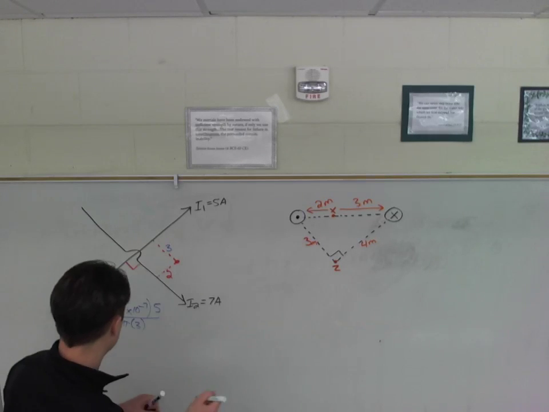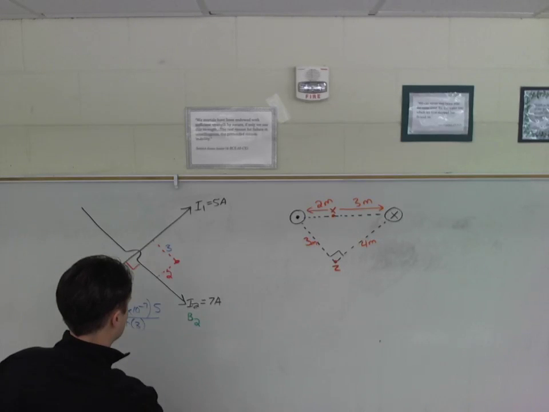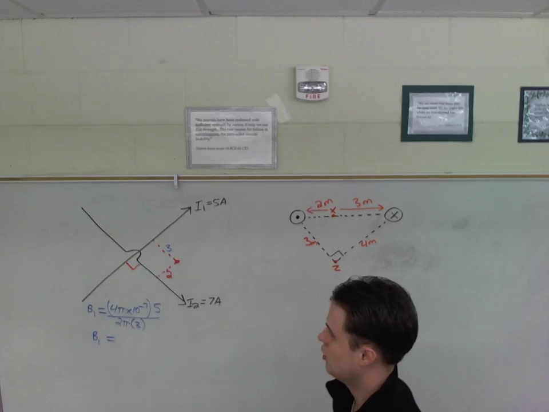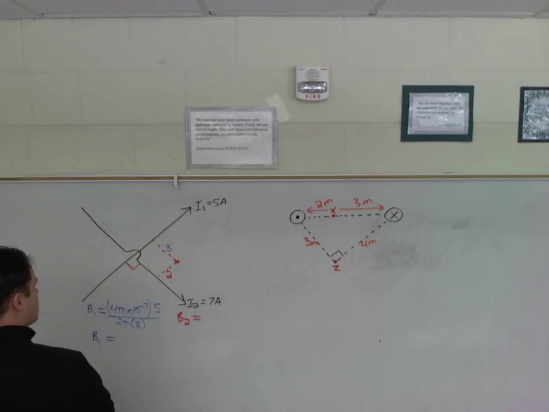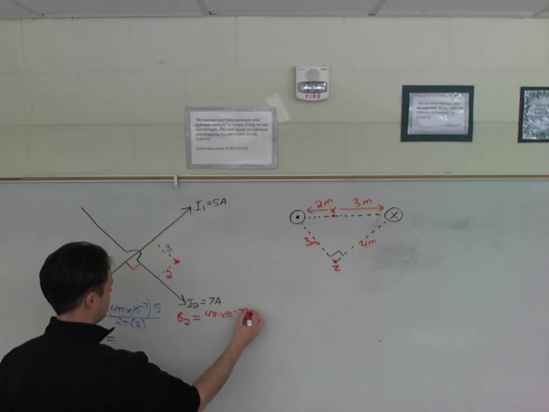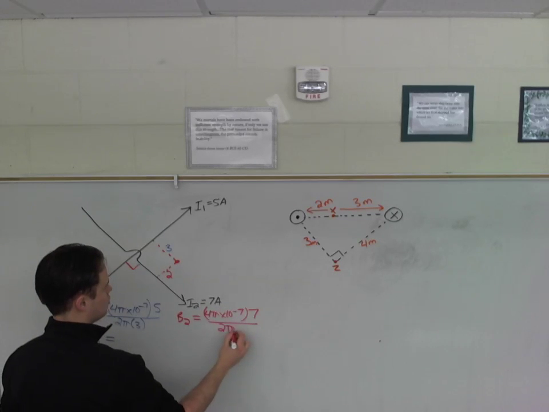And I'm going to use another color and do the other one. Oh, my green is dying. Use something else. 3.33. So this one's going to be 4 pi times 10 to the negative 7th. It's got 7 amps in it, and we're looking at 2 meters away from that.